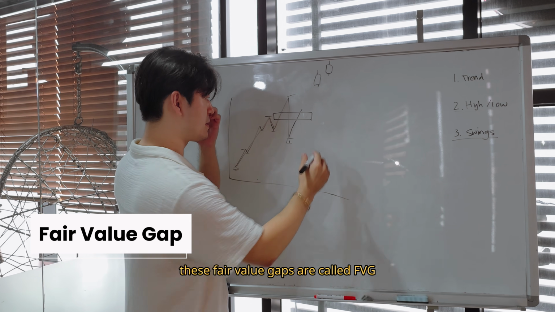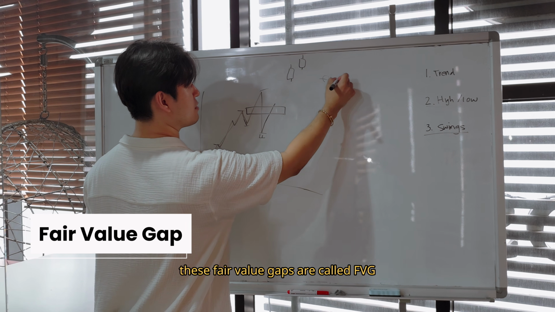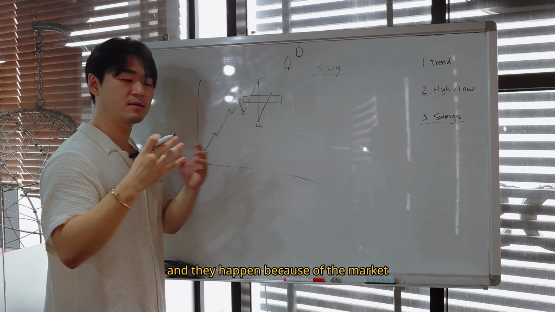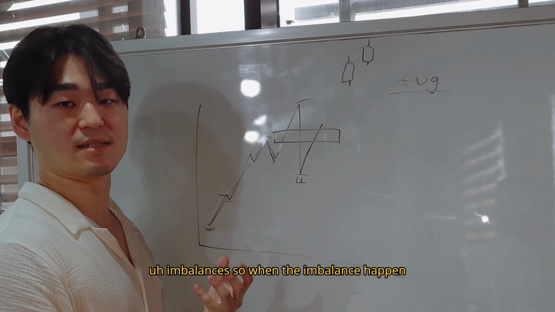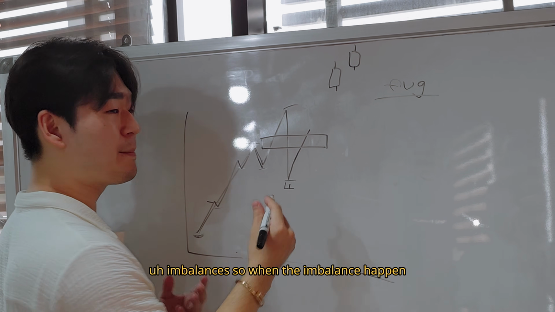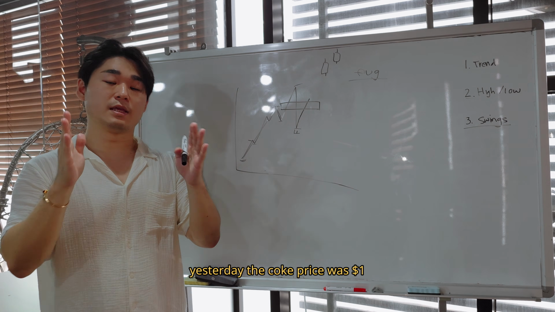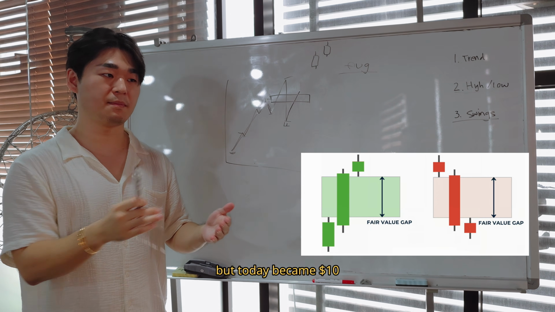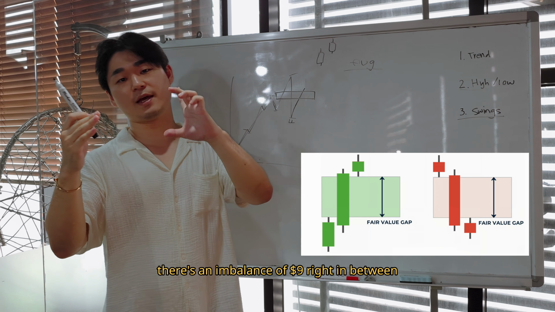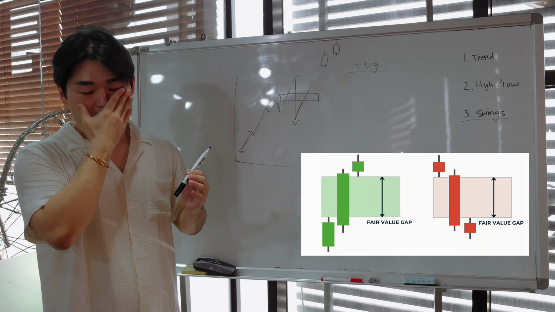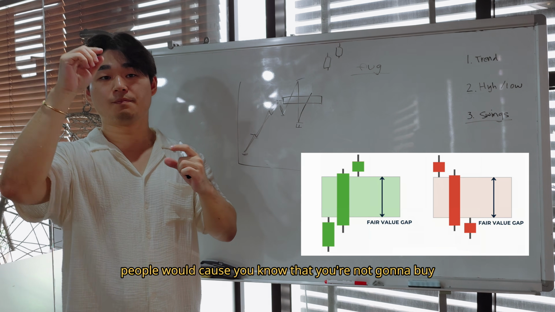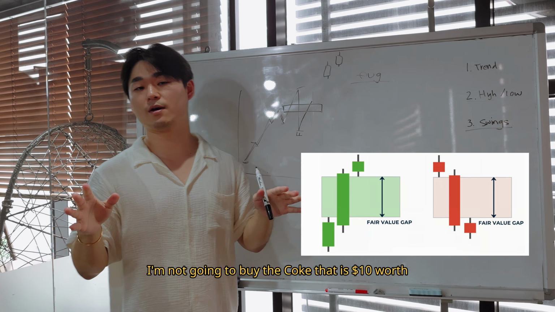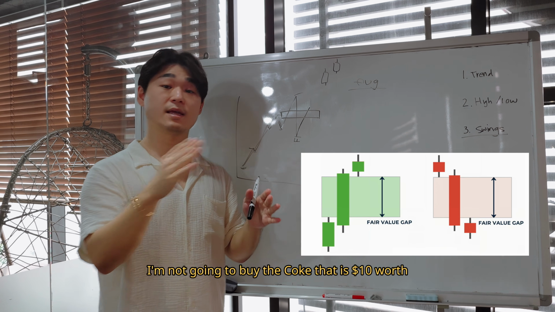These fair value gaps are called FVG, and they happen because of market imbalances. So when an imbalance happens, for example, yesterday the Coke price was $1, but today became $10. There's an imbalance of $9 in between. And then people, because you know that you're not going to buy, and I know that I'm not going to buy the Coke that is $10 worth.